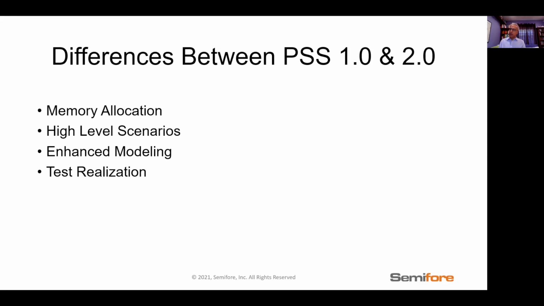And in PSS 2.0, the standard allows you to do that. So it makes this kind of scenario portable, so that if you want to apply a constraint to instances of a specific type within an action subtree, you will be able to do that. So you don't have to know anything about the hierarchy. So that's an example of a high-level scenario.